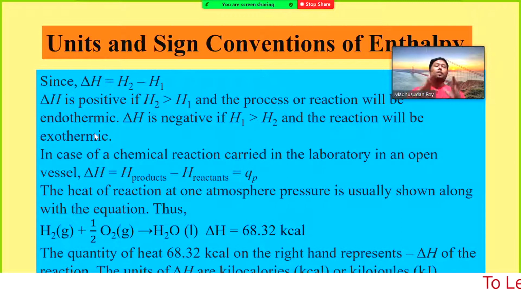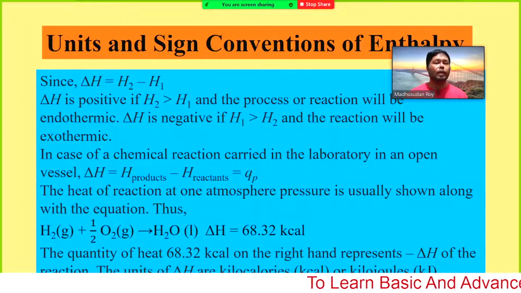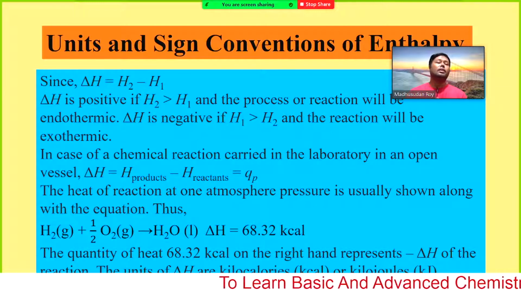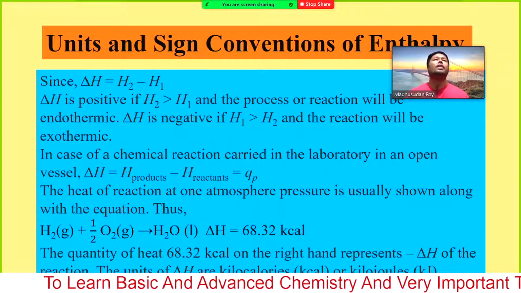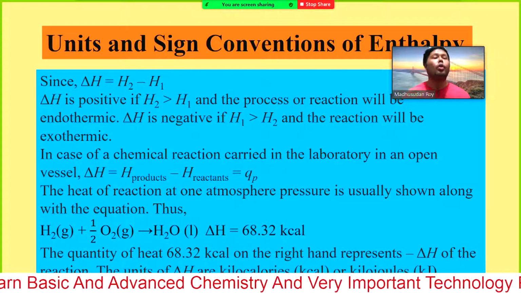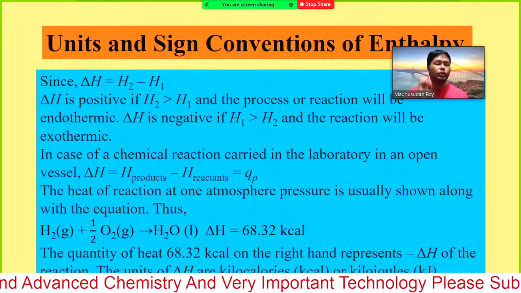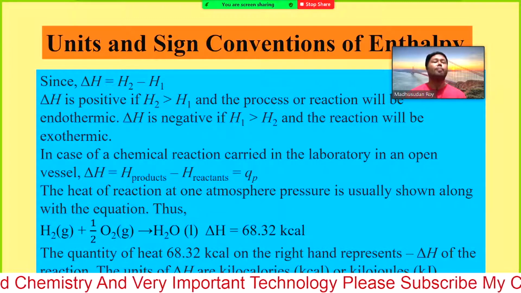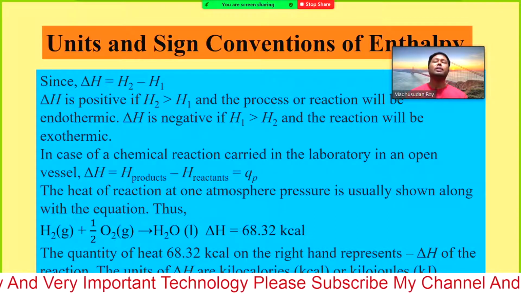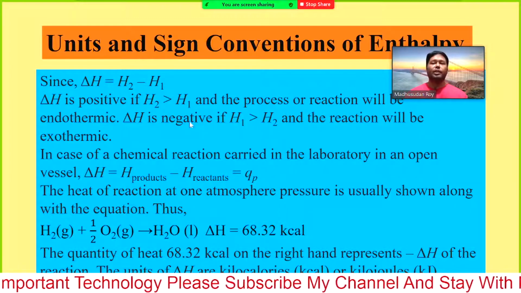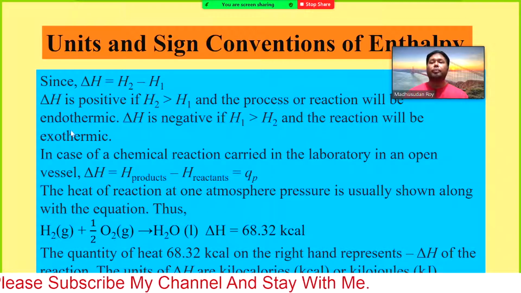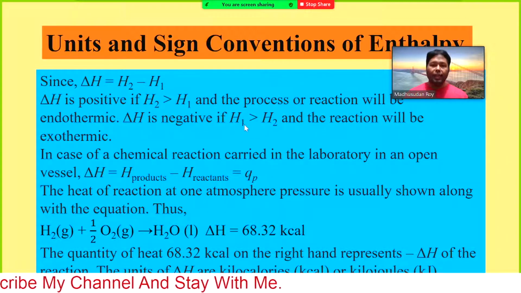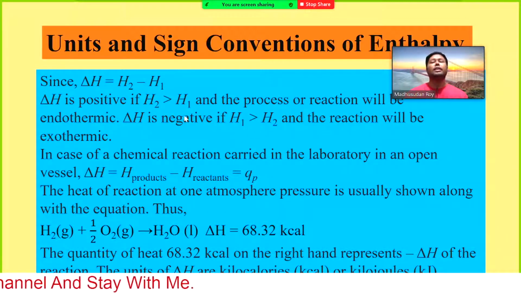For the exothermic process, the heat is evolved, but the enthalpy change, delta H, is negative. So for H2 greater than H1, the process is endothermic, and if H1 greater than H2, then the reaction is exothermic.